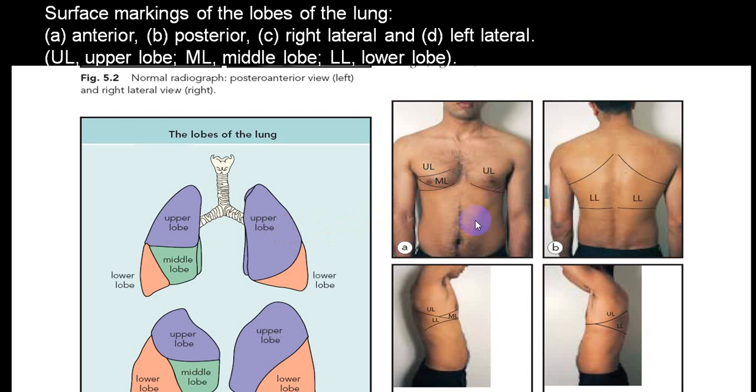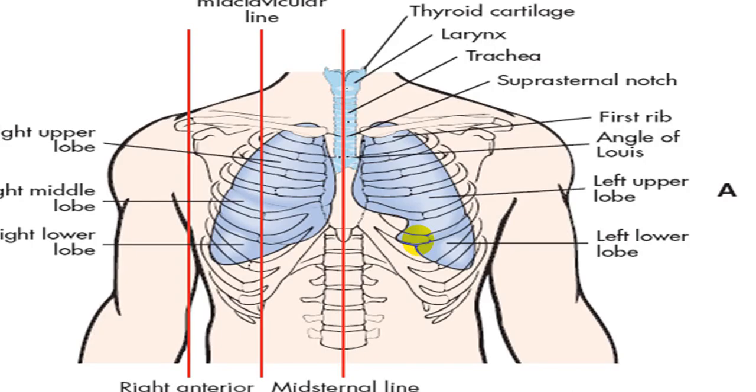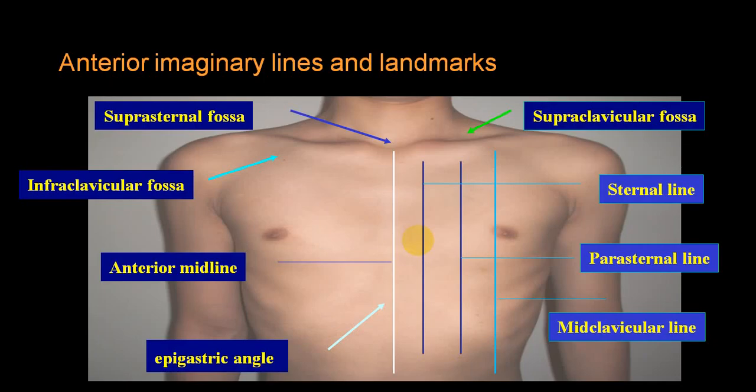While on the left side there will be only one line, dividing the upper lobe and lower lobe. By and large, this is mainly for identifying which portion is being involved. Now, I'll take this diagram.